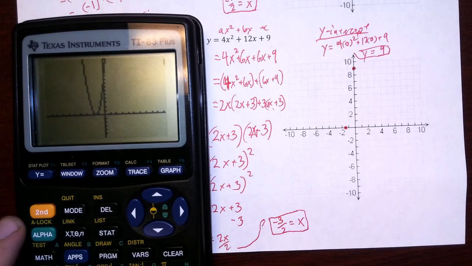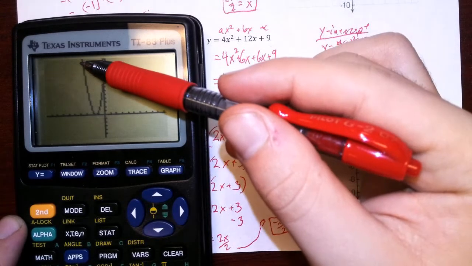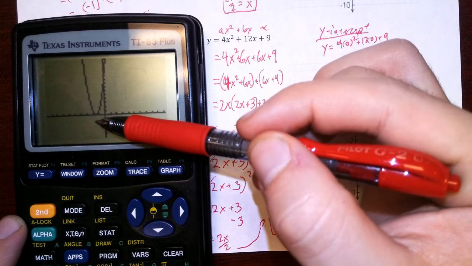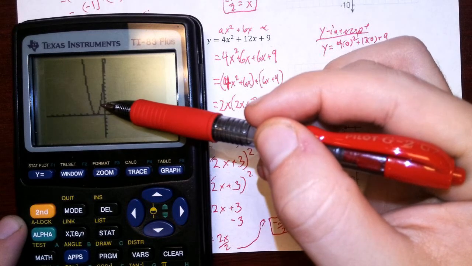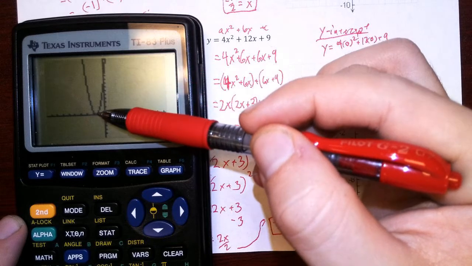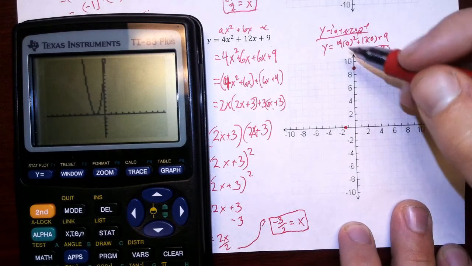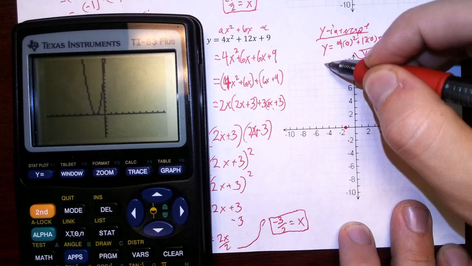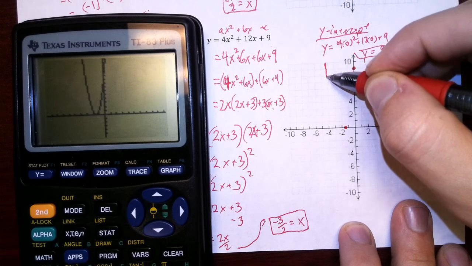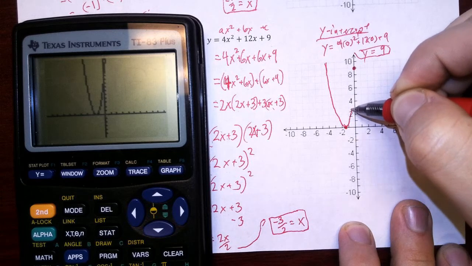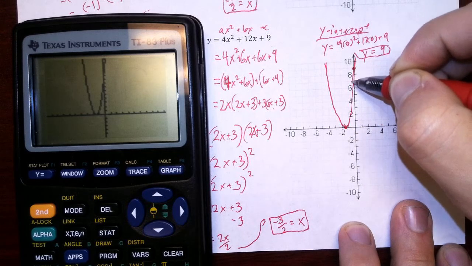Lo and behold, this is what it looks like when our solution comes down, not right before, not right after, but exactly on our x-intercept, it touches and has its turning point. It touches and has its vertex. So those are all the points from here that we can graph on here. Because let's think about this.